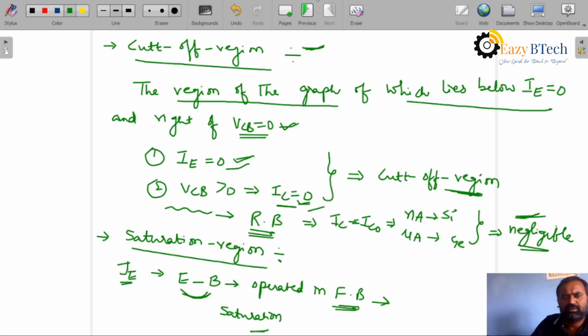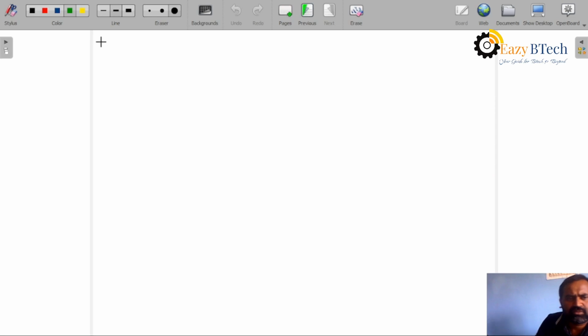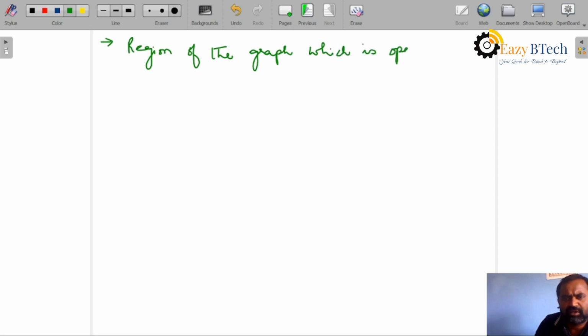Simply we will say, the region of the graph which is operating above IE equal to 0.